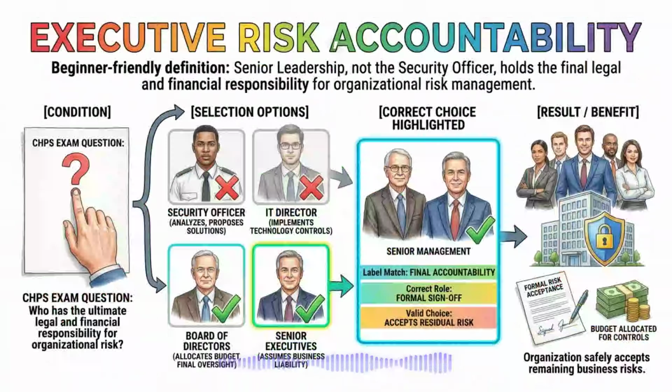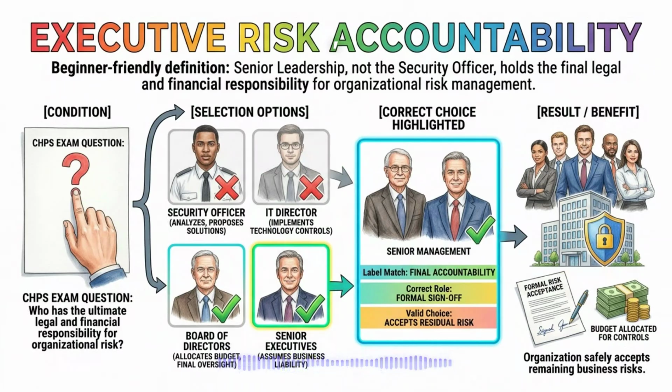Speaking of executive management, the CHPS exam heavily emphasizes that final accountability for risk management rests at the very top of the organization, while the security officer does the hard work of conducting the analysis and proposing solutions. It is the board of directors or the senior executives who must allocate the budget for the security controls.